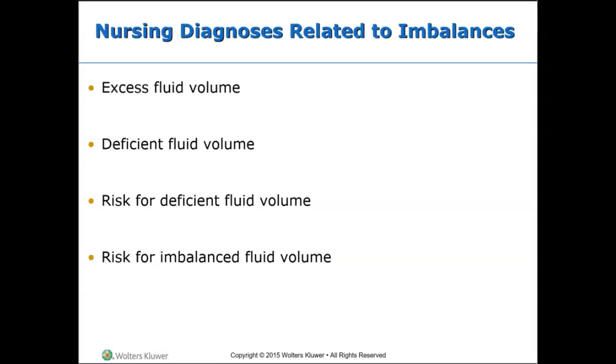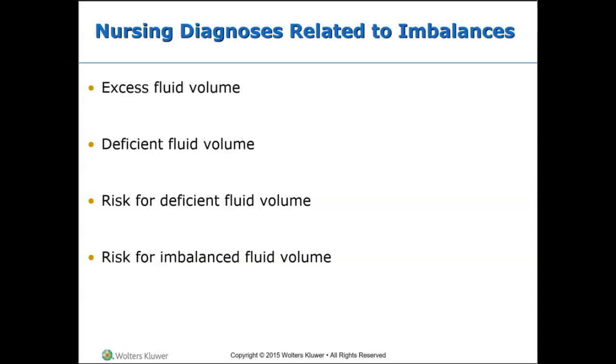Now we get to go to diagnosing. Any of these nursing diagnoses could be appropriate for a person with fluid imbalances. Deficient fluid volume would be associated with dehydration or possibly isotonic fluid loss. Excess fluid volume is associated with an increase in isotonic fluid retention.